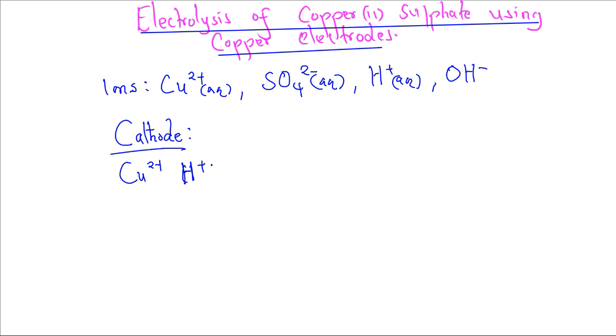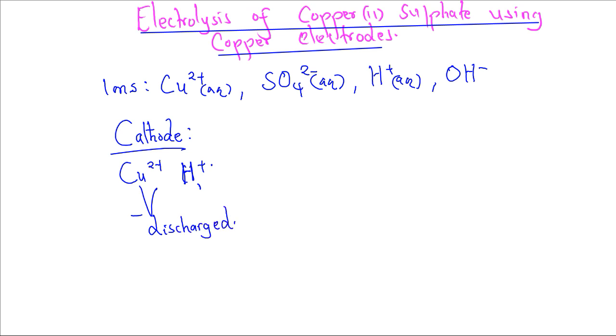So again, here the copper 2 ions are discharged and a brown deposit of copper is seen on the cathode. So we have these copper ions discharged.